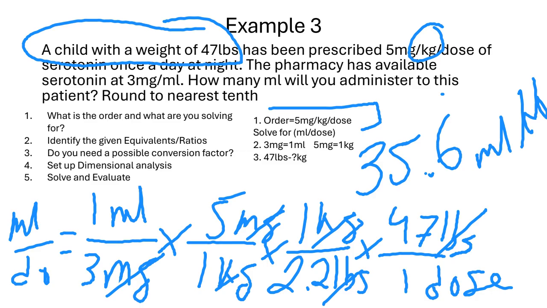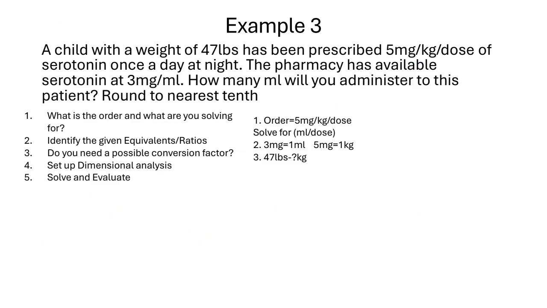Going back to the dimensional analysis, it's really crucial whatever you're looking for. It doesn't matter if you're looking for milligrams, milliliters. Always start your dimensional analysis with what you're looking for. For example, here again, if you're looking for milliliters, start with milliliters on top.